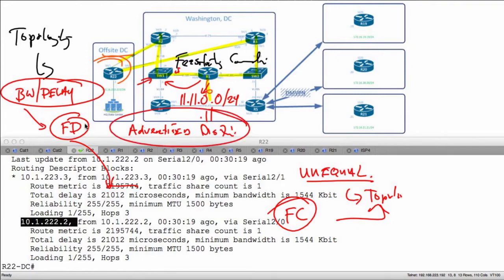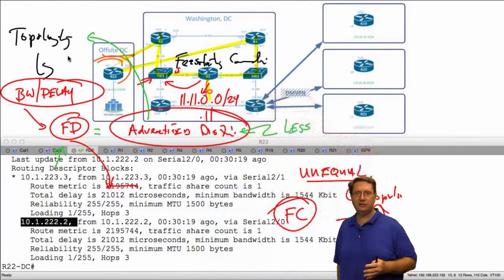Now, when we take these two components and look at them, if the advertised distance of our neighbor is less than our locally computed feasible distance, then this particular prefix can be installed in the topology table.